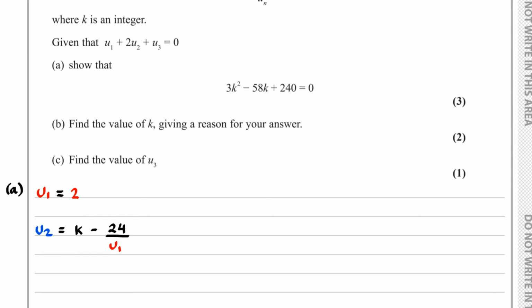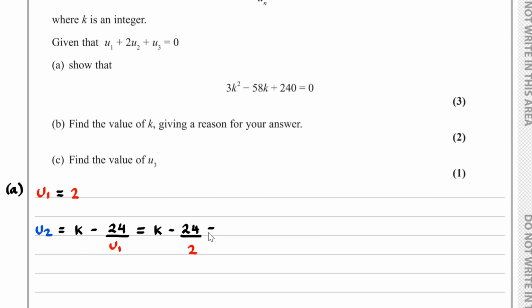So, we have U2 equaling k minus 24 over 2.